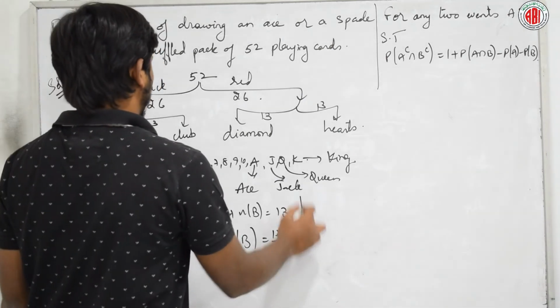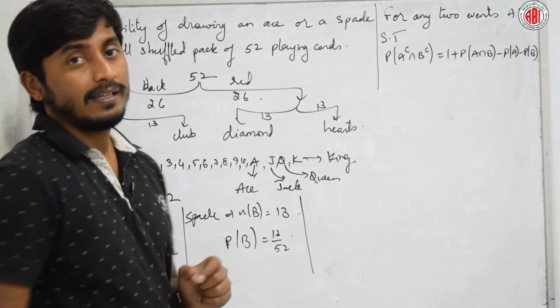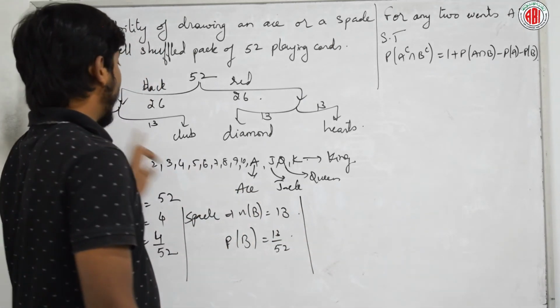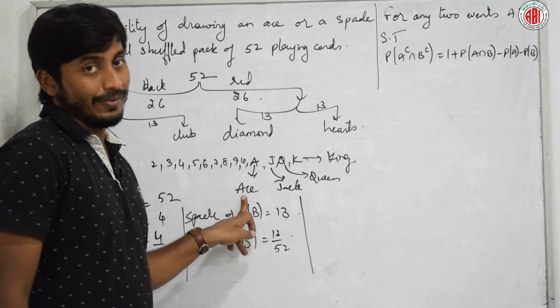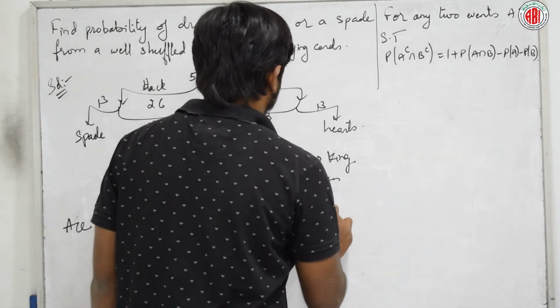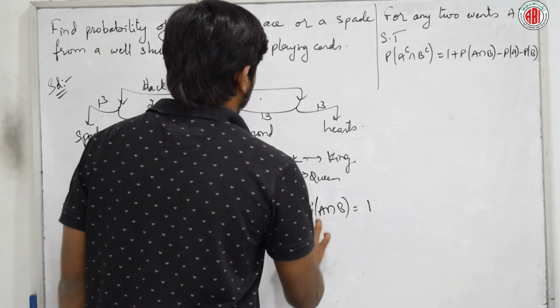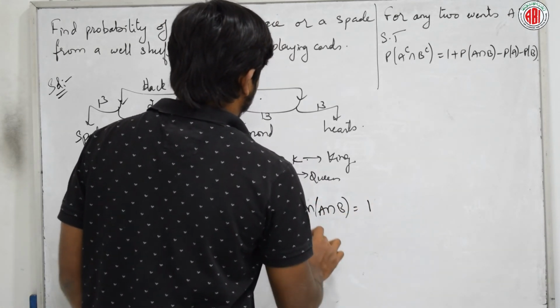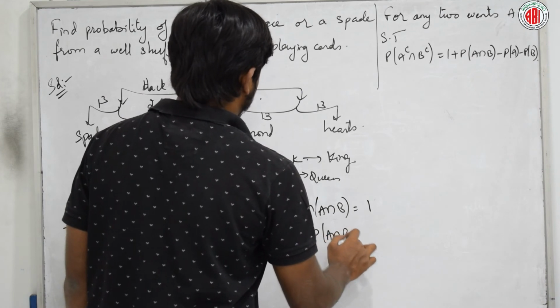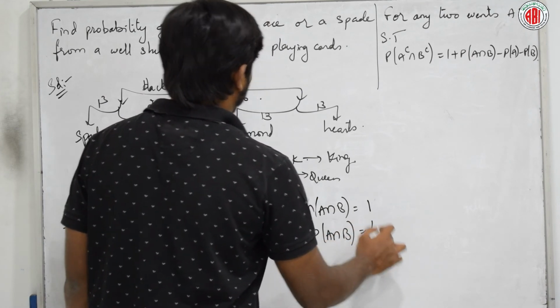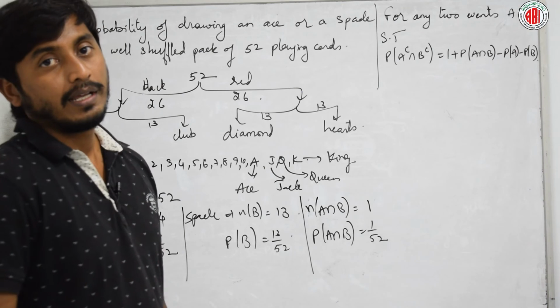Clear? Is there anything common between spade and ace? What? In spade also we'll have one ace. So the common thing is 1. Okay, let me write it as n first. Then the probability of A intersection B is 1 by 52. Is it right?